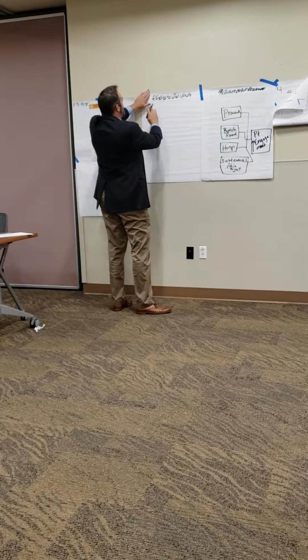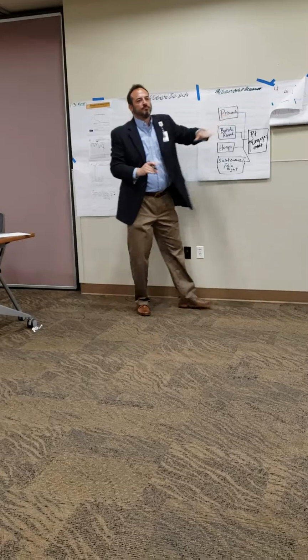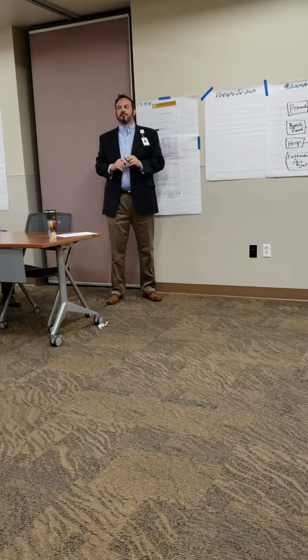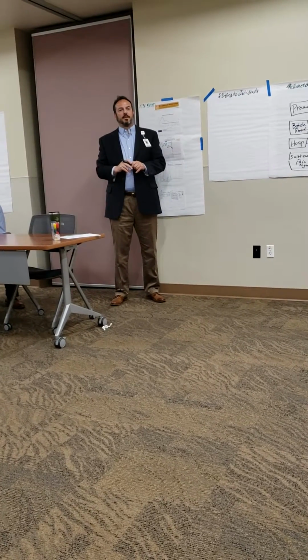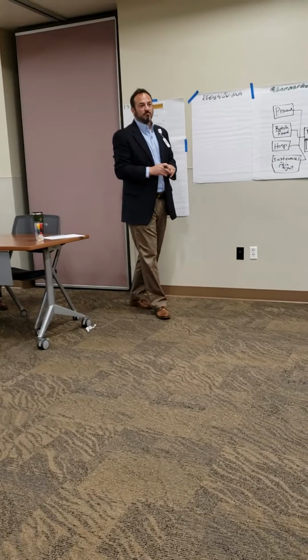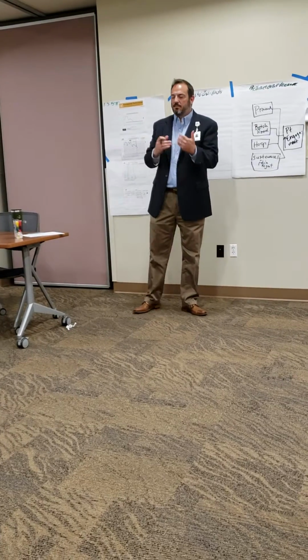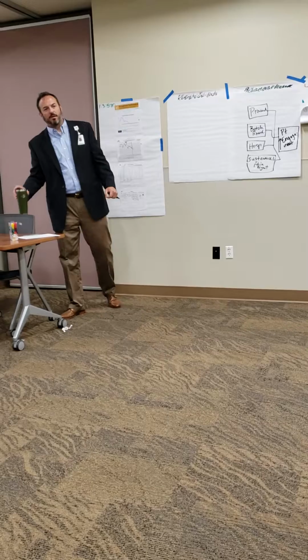So, purposeful rounding. What are some of the components you need for that to be successful? In order to be effective in your purposeful rounding, what do you need? Or what are some of the elements of that process, the activities within that process that drive effective purposeful rounding?